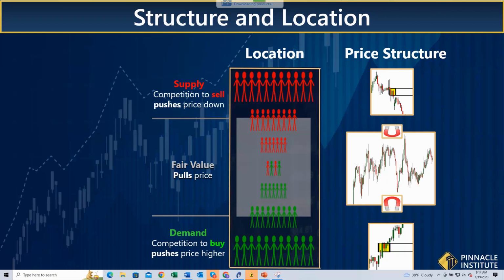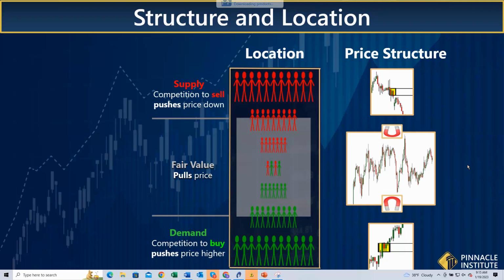So the only reason why you would have what looks like a supply or demand zone that doesn't work is because it's in the wrong location. Specifically, it's inside fair value. Our rules at the Pinnacle Institute say we do not take supply-demand zones inside fair value, specifically near the middle of fair value especially, do not qualify. Does that make sense?